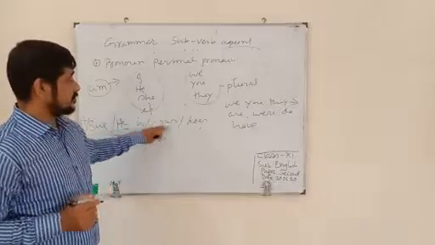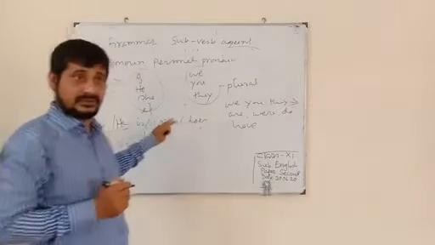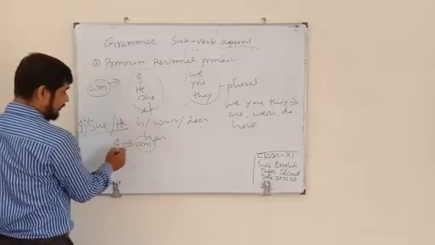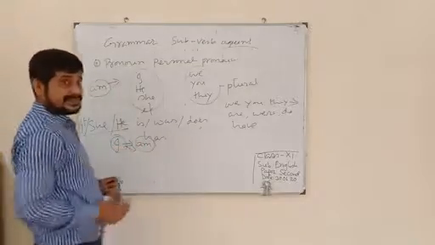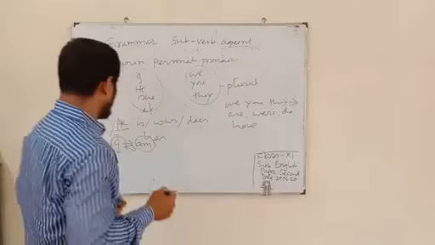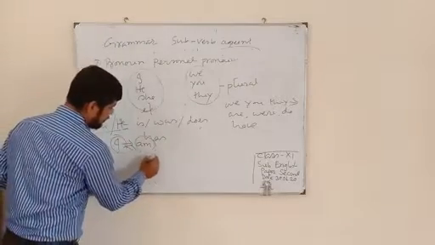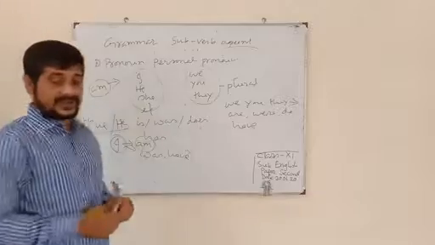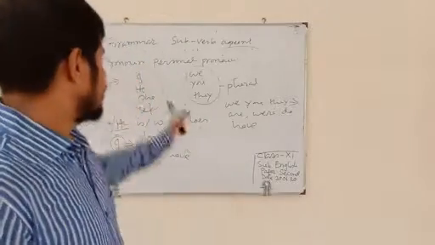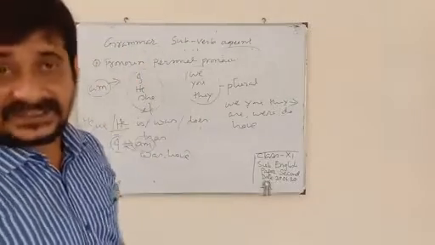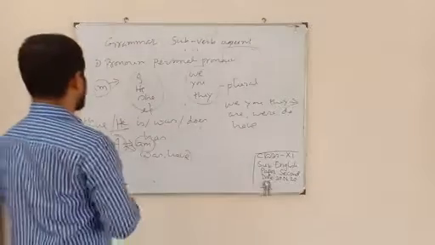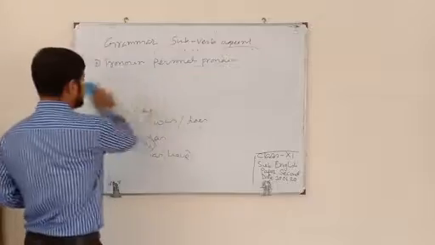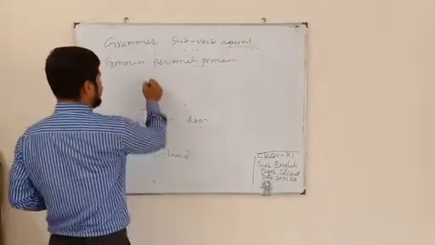No other singular verb is used after I. But if the tense is past tense, then we can also use was or have. So we can use a singular verb after this personal pronoun. Then we have also the demonstrative pronoun.